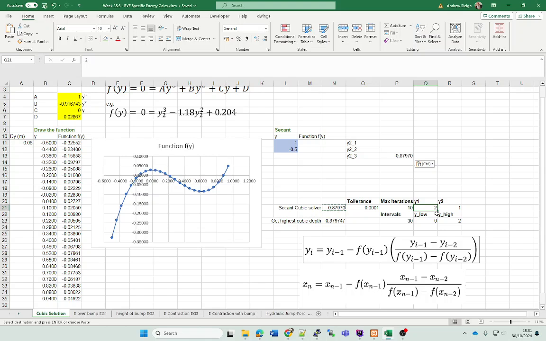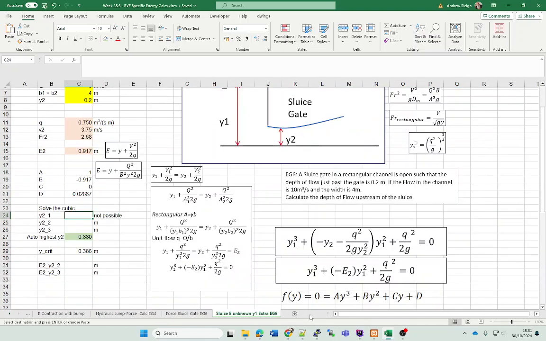Let's try it between 0 and 1, so it gets minus 0.16. Let's try this between 0.5 and 1, 0.87, 1.99. So those are our 3 solutions we get from our cubic solver. Get used to using that.